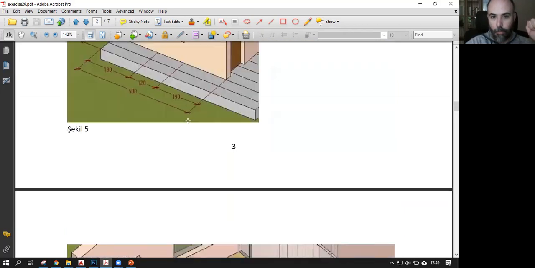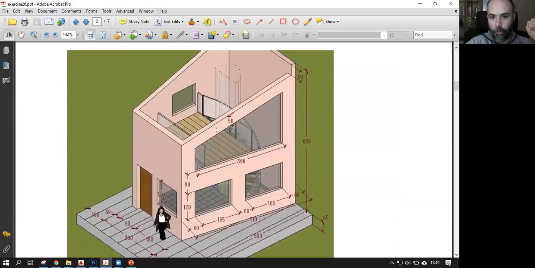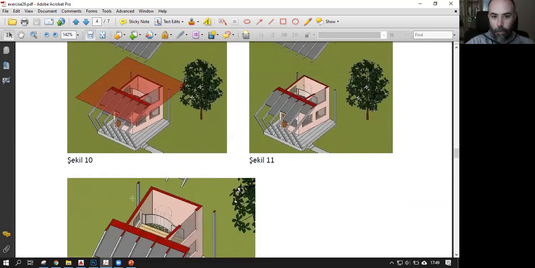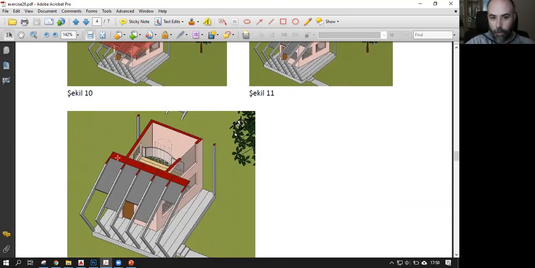As you remember from this view, from this image, we are cutting through the roof here, and as you can see, there appears a very large cut surface. So we need to do that in a symbolic way. And we are not cutting through the steps.